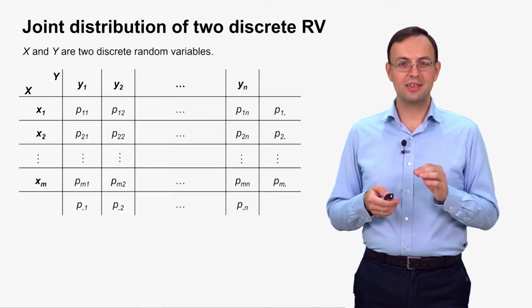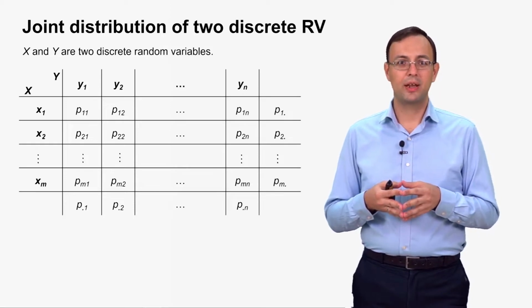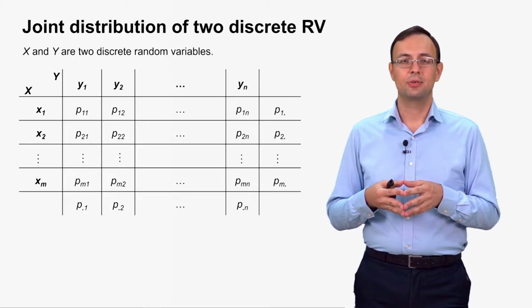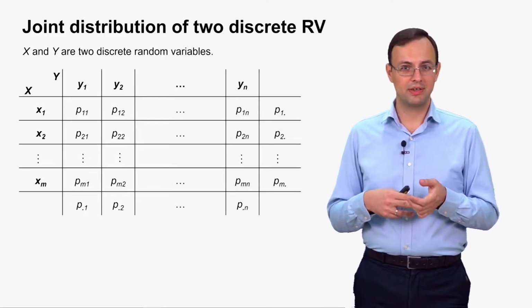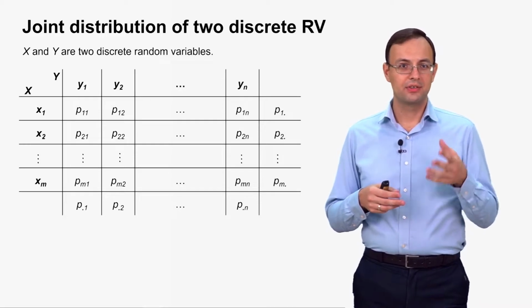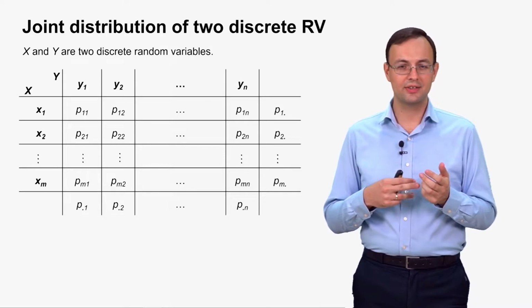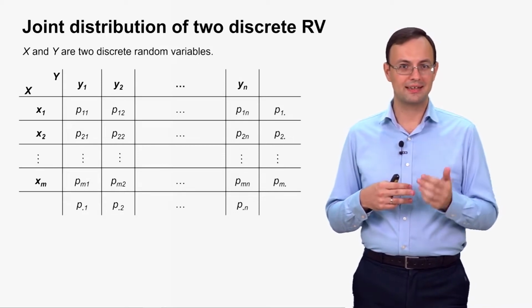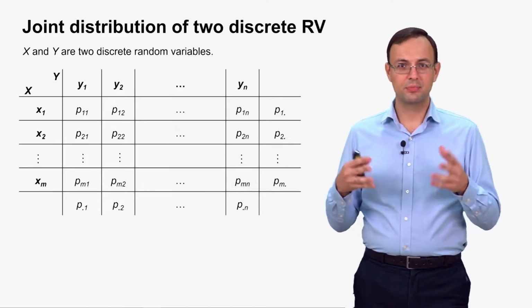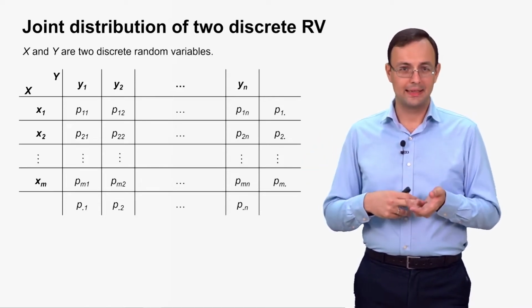So let's start with the simplest case, when these two variables are both discrete. So x and y are two discrete random variables. X can take several values, x1, x2, and so on, up to xm, and y also has several possible values, y1, y2, etc. to yn.